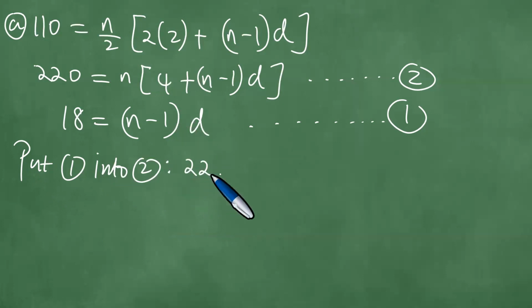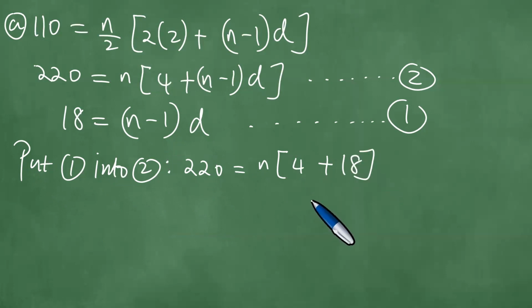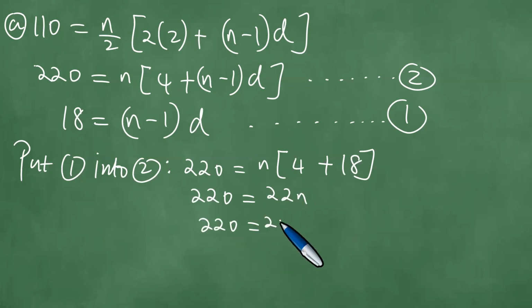which means 220, in the place of n minus 1 and d, so this is 22. So divide by 22.